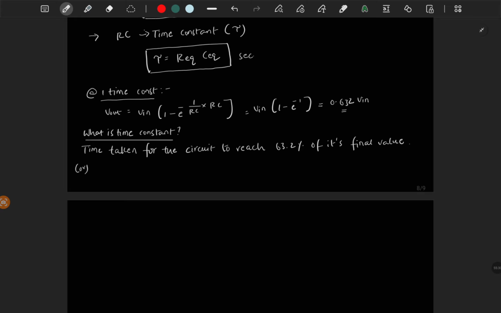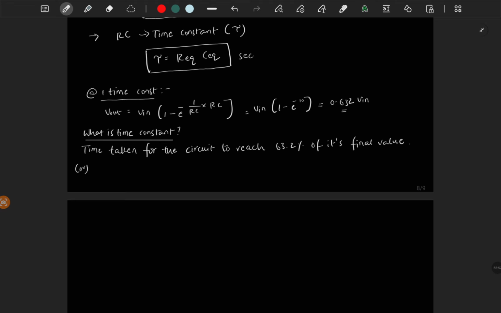In this case the time constant definition is different if the capacitor already has some initial voltage and discharges, finally going to 0. We cannot say some percentage of its final value, because the final value is 0, and any percentage of it is 0. So in that case we define it in terms of the initial voltage.